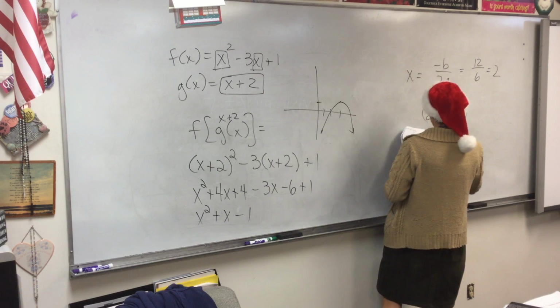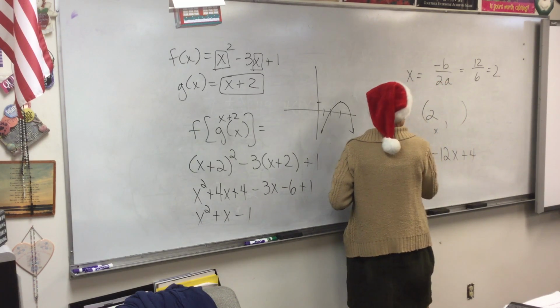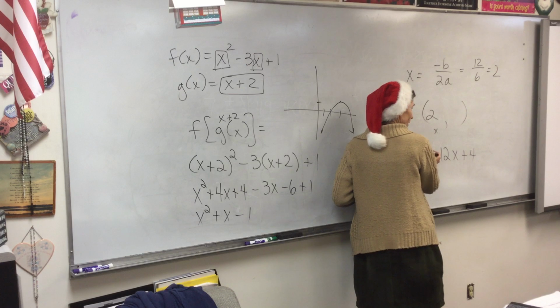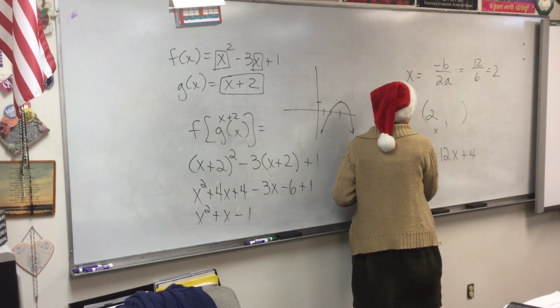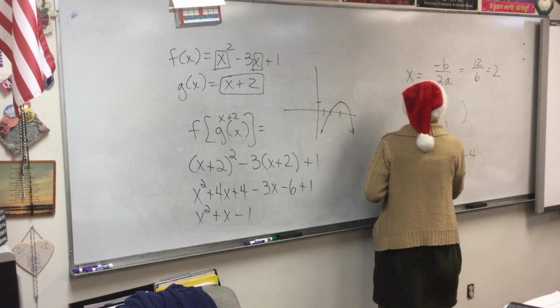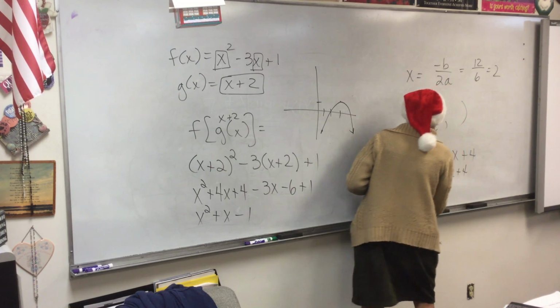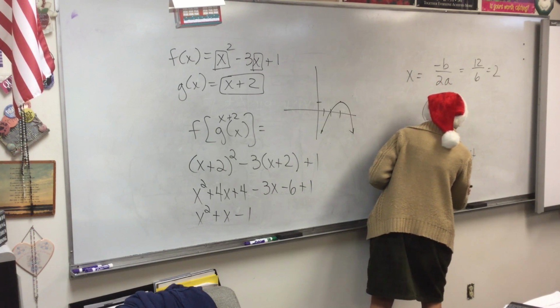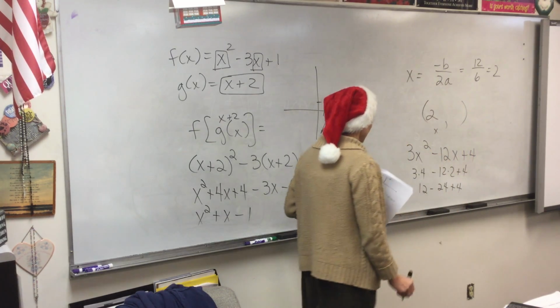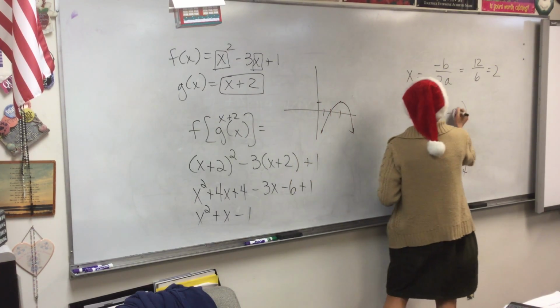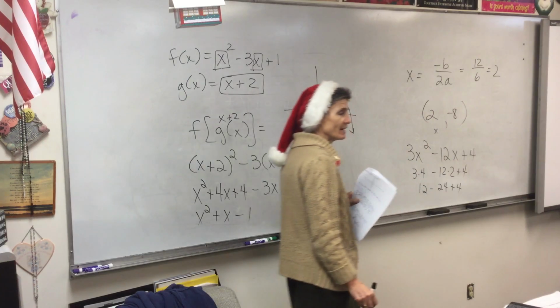And remember, you square first. So 2 squared is 4. So this is going to be 3 times 4. So 12 minus 24 plus 4. What is that? Negative 8. So your vertex is 2, negative 8.